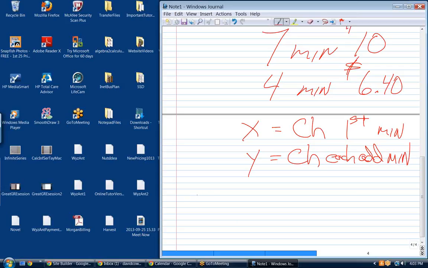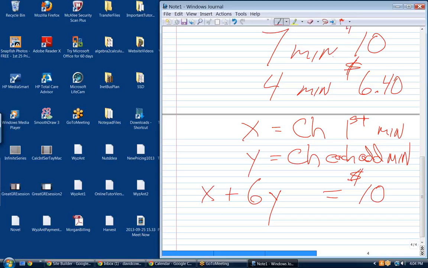So the $10, how did we come up with $10? $10 would be equal to, let's see, x plus 6y. x plus 6y, very good. Yeah, because the first minute, and then there were 6 additional minutes.